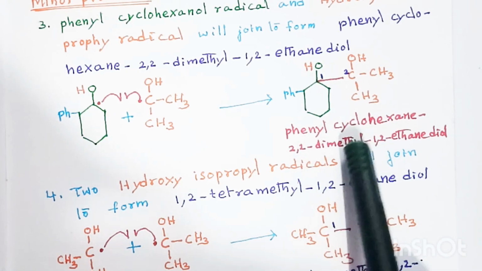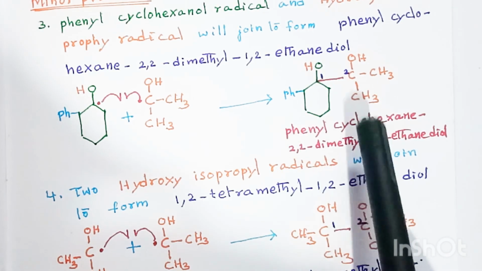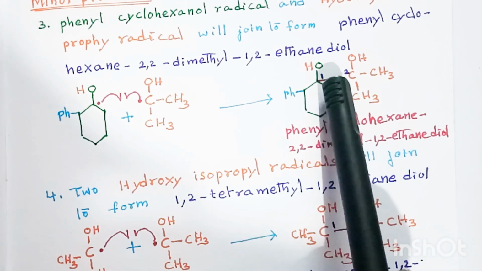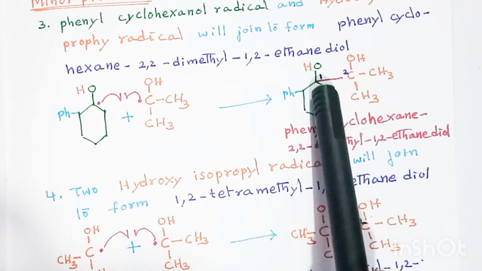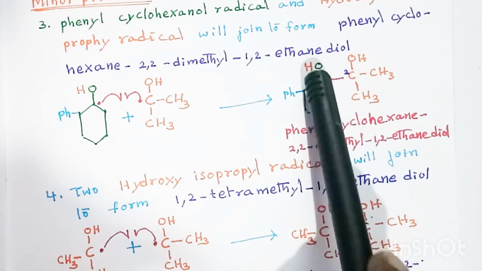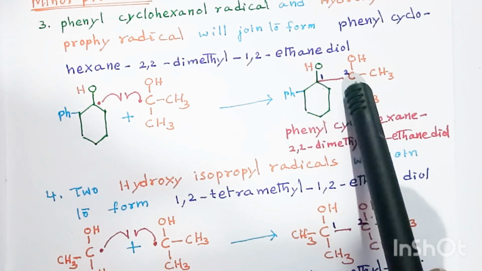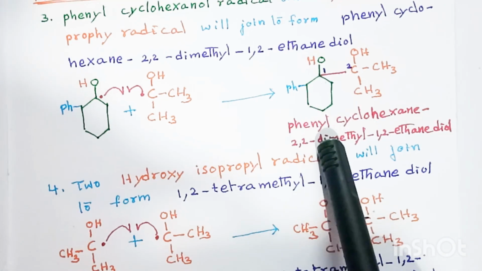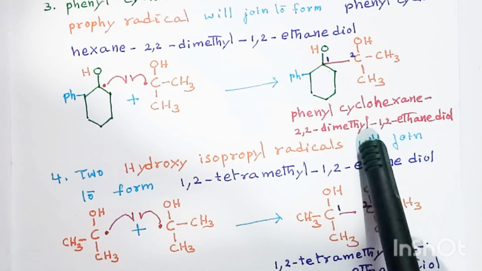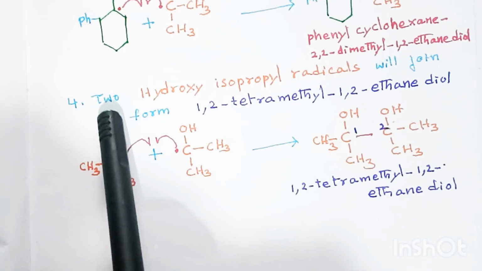So phenyl cyclohexane 2,2-dimethyl 1,2-ethane-diol. 1,2 means on the first carbon and the second carbon OH groups are present. So it is a diol. Two carbon atoms, so it is ethane. So this is phenyl cyclohexane 2,2-dimethyl 1,2-ethane-diol.